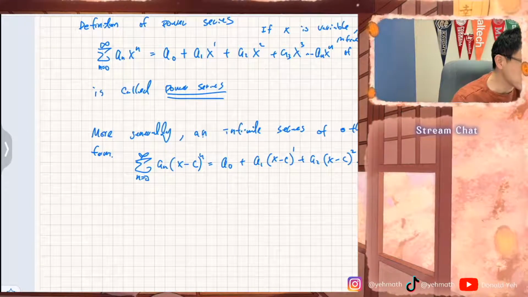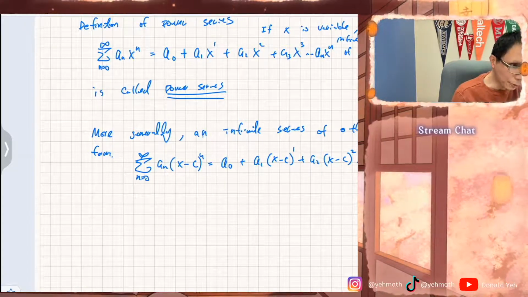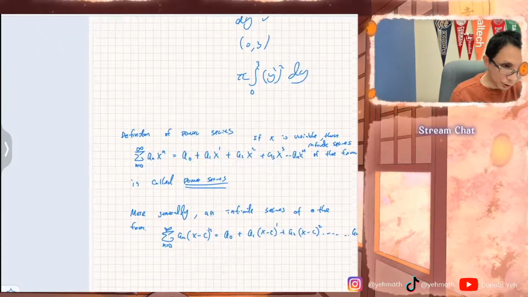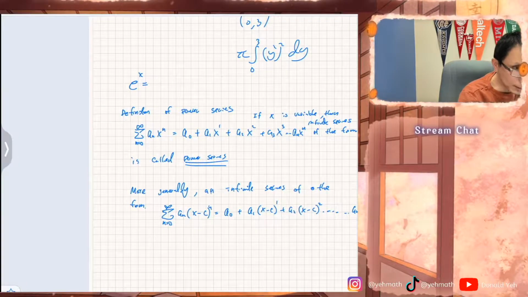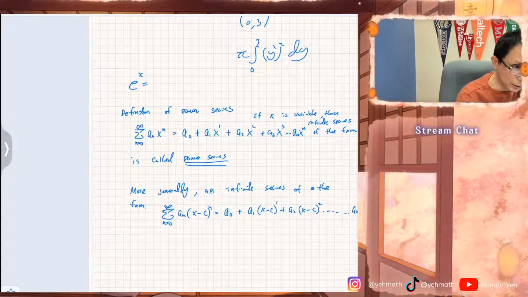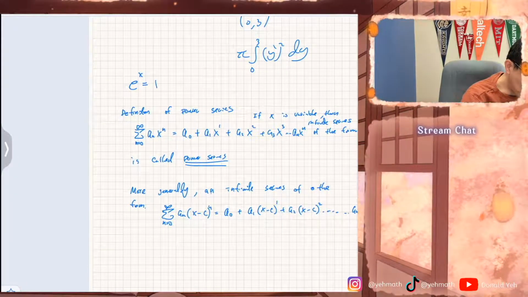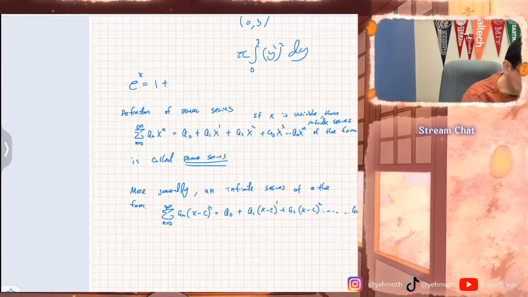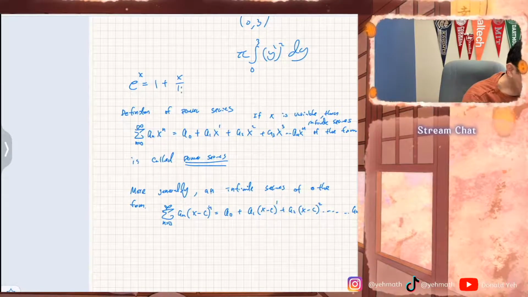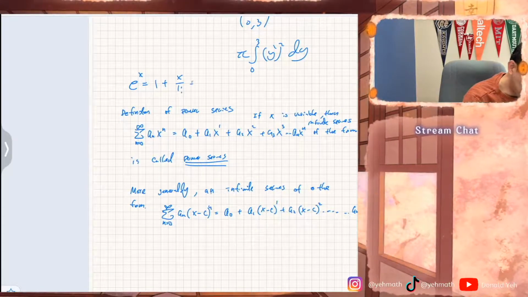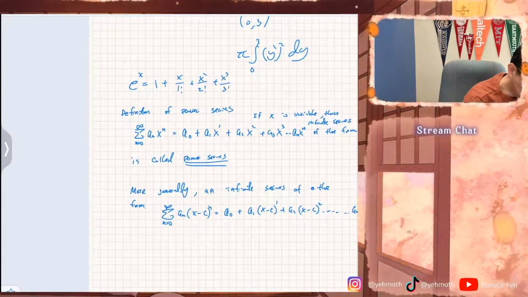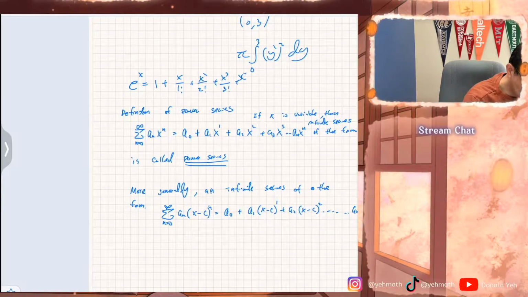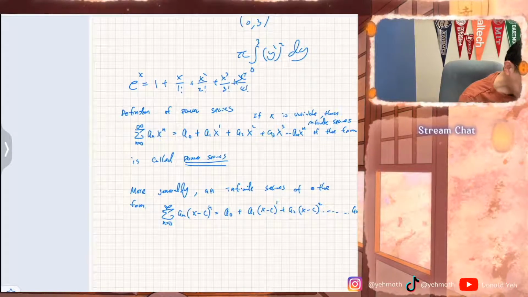So that's power series. To introduce that, we said e to the x can be represented as a power series, which is 1 plus x over 1 factorial plus x squared over 2 factorial plus x cubed over 3 factorial plus x to the 4 over 4 factorial.